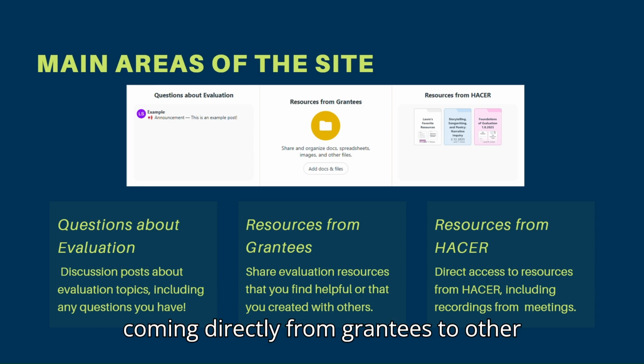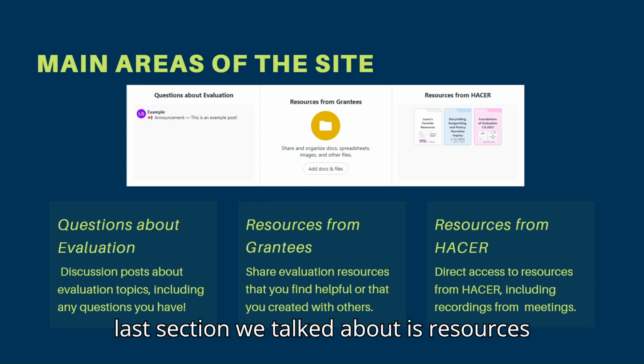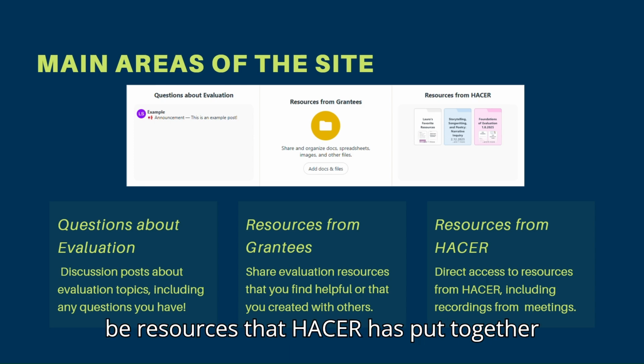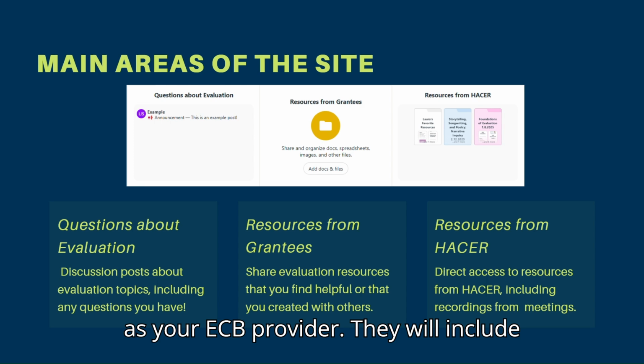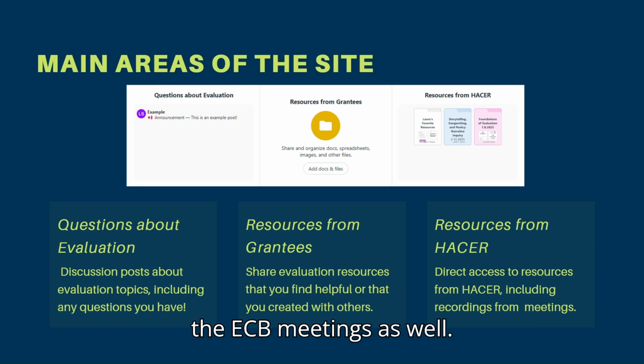Those are things coming directly from grantees to other grantees. And the last section we talked about is resources from ASER, and those are going to be resources that ASER has put together as your ECB provider. They will include the recordings and the presentation from the ECB meetings as well.